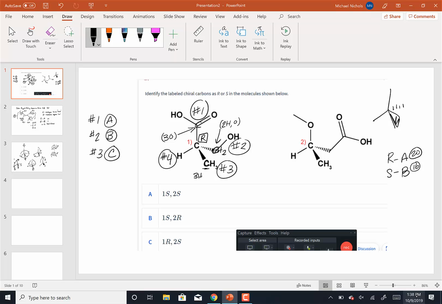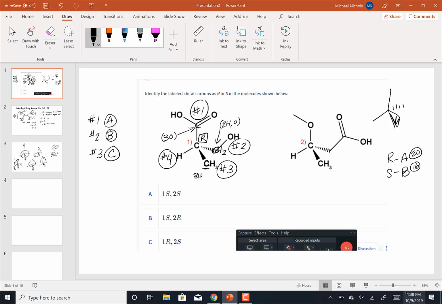Okay, we moved a little bit. We're now 25 R's and 12 S's. So we move towards the R answer. So then the question is, did we go in the right direction?